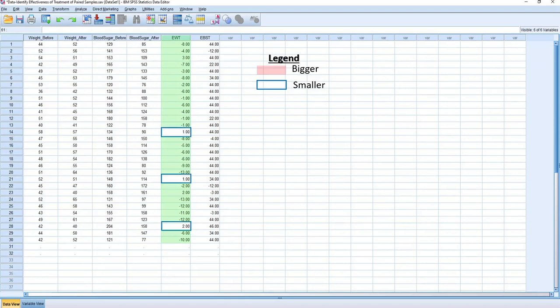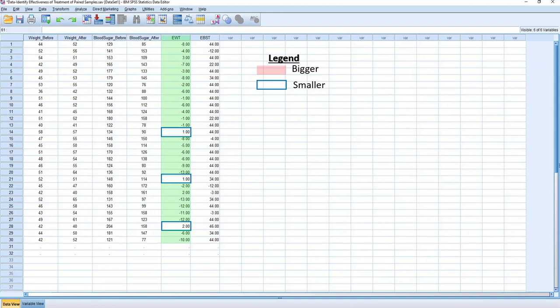So the negative indices are therefore the indicator of effectiveness of treatment for this kind of construct. However, the weights with positive values indicate ineffective treatment for this kind of construct. That means after the treatment, the catfish ID numbers 14, 21, and 28 did not improve during the period of treatment.